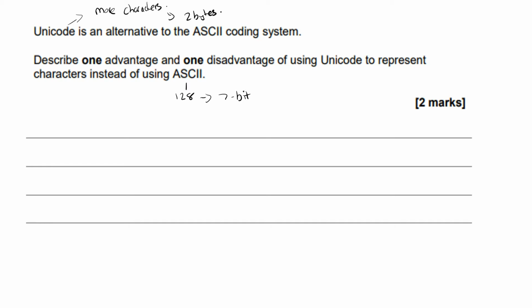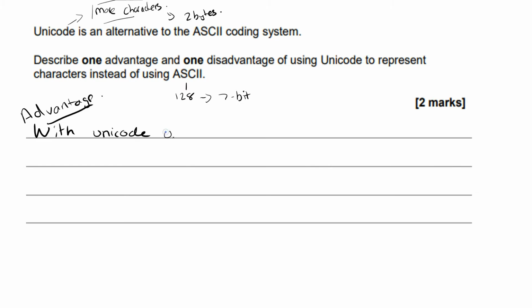So it wants you to describe one advantage of using Unicode to represent the characters. So one advantage is going to be that you can use more characters. In fact, I'm just going to write on there "advantage", just so the examiner really sees clearly what I'm doing there.